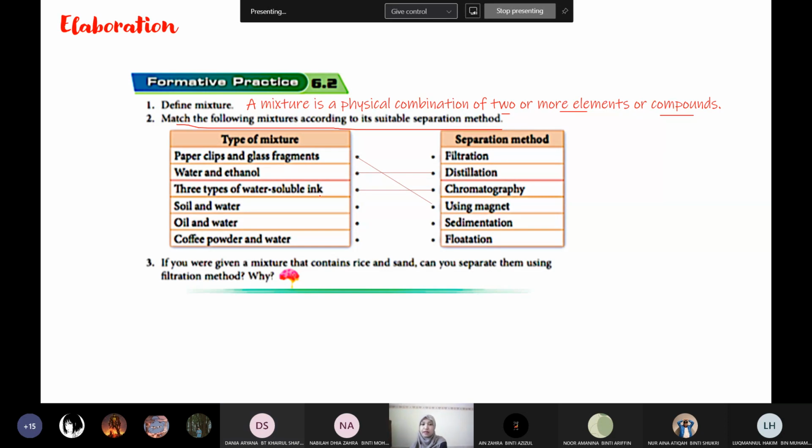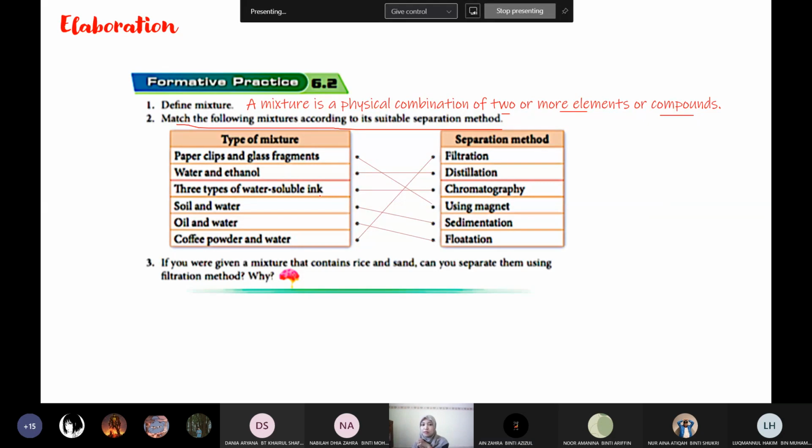Yes, we can use the sedimentation method. What about oil and water? Flotation. Yes, flotation method using a separating funnel. Okay, what about coffee powder and water? Filtration. Very simple. Very good.